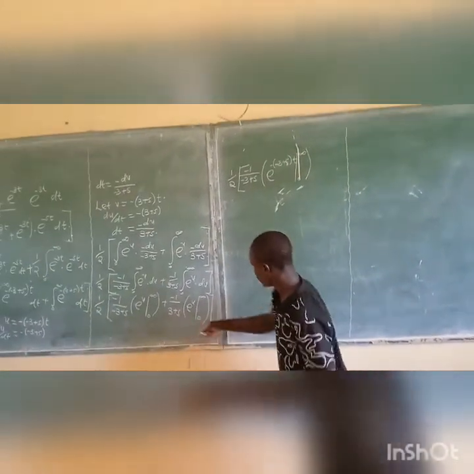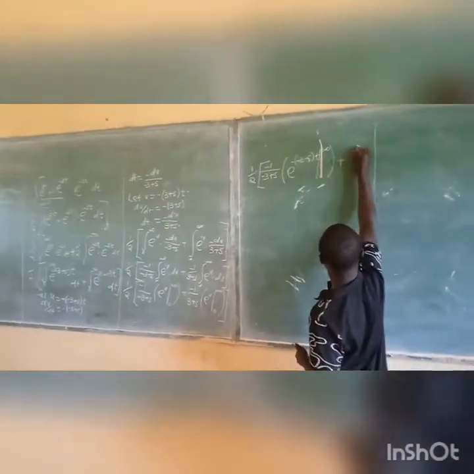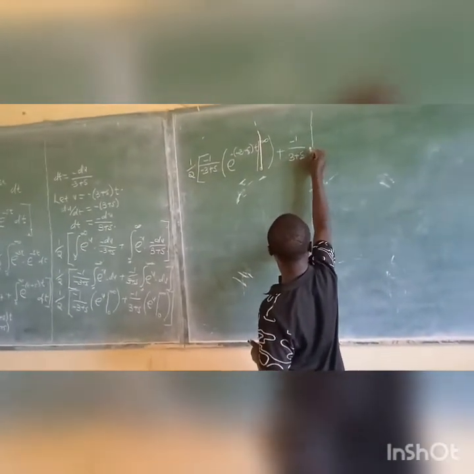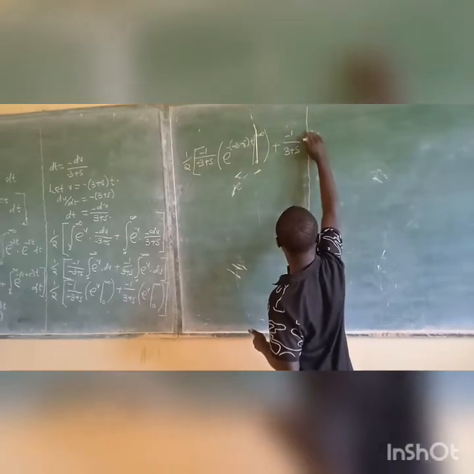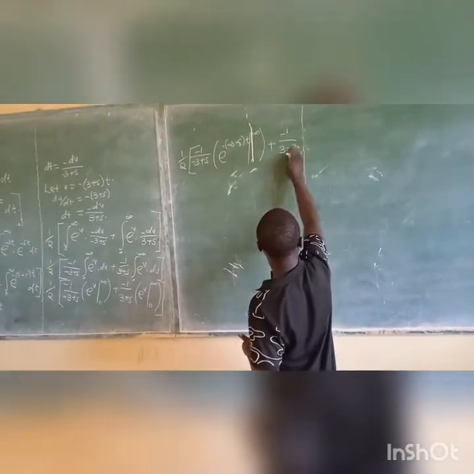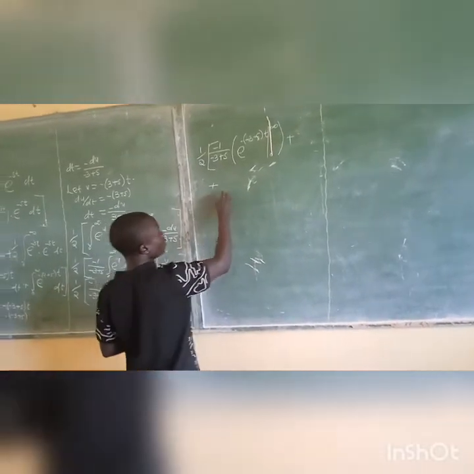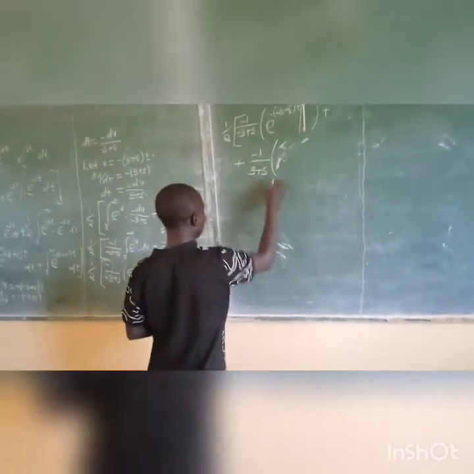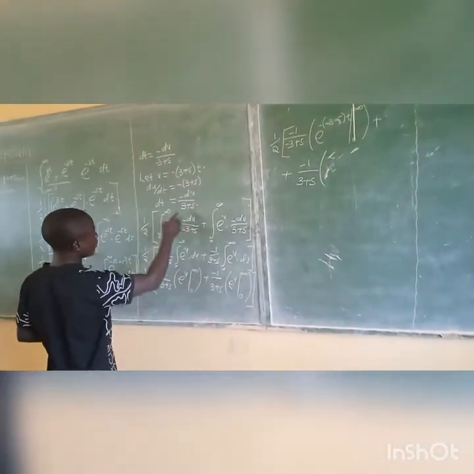Then plus negative 1 over 3 plus s into the value of u.